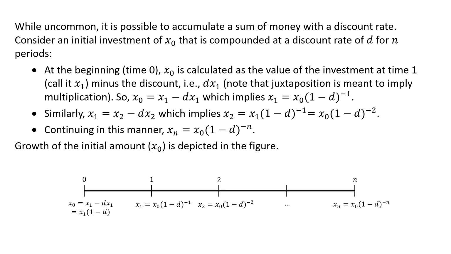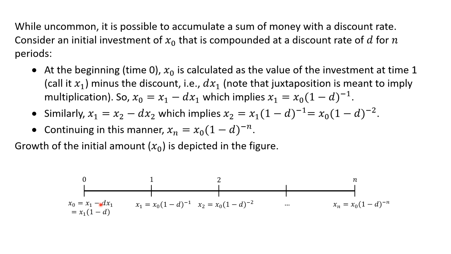You can also use discount rate to accumulate money. It's a bit unusual, but I'll mention it here just to give us some practice in working with discounts. So looking at the chart here on the bottom, you start with x0 and you end up with x1, which is more than x0, and the way it happens is you're kind of promised this amount of money, and you give or pledge or contribute an amount that's discounted.